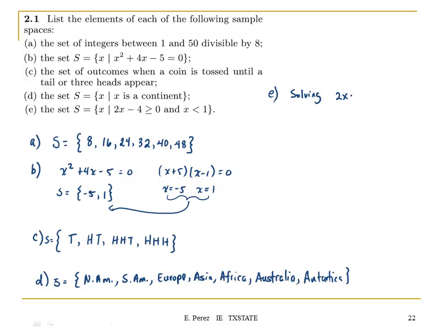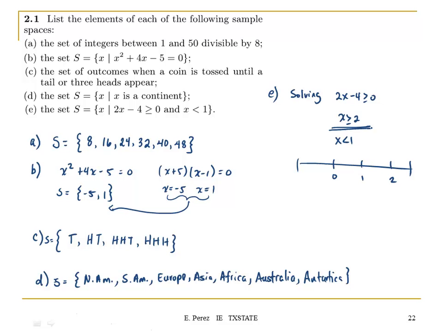So if you look at the expressions, you have 2x minus 4 greater than or equal to 0, so x greater than or equal to 2. So if you draw a line and you solve this, you also have x less than 1. So this is 0, 1, and 2.